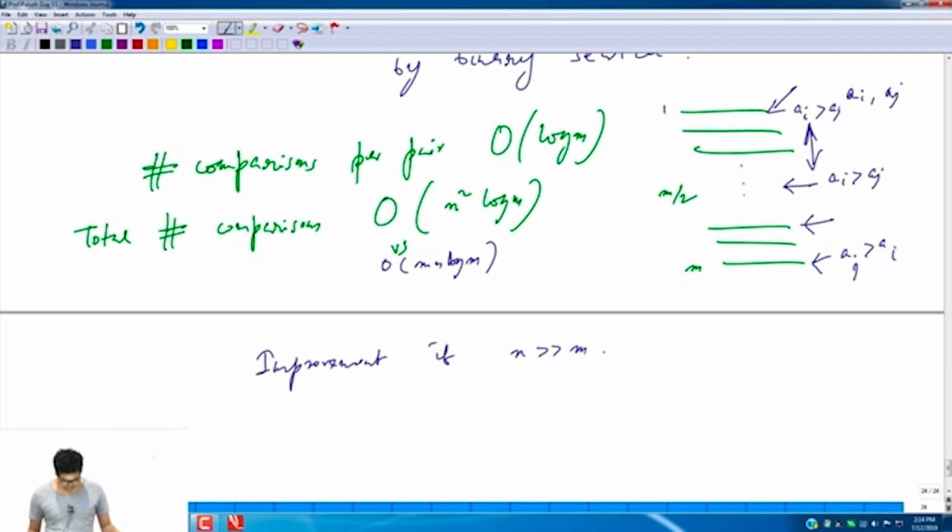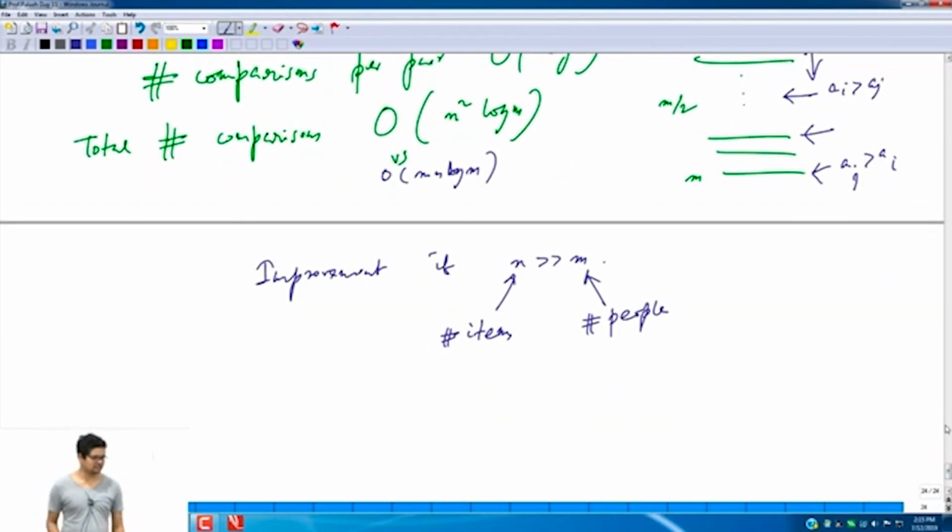Here m is the number of items, and n is the number of people. Not in our example, but in some other example.